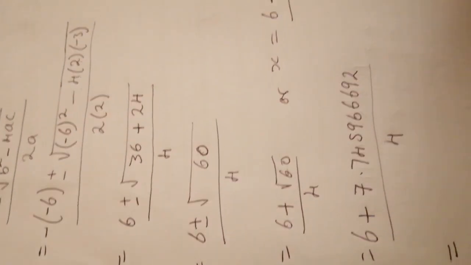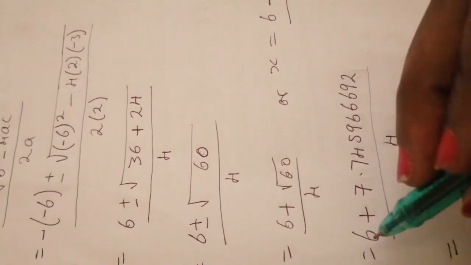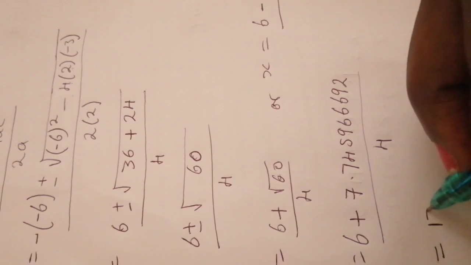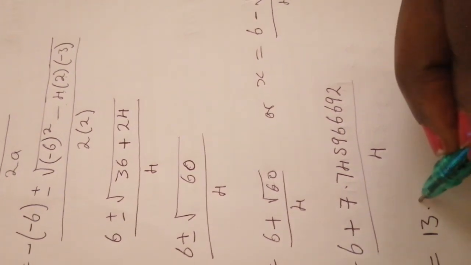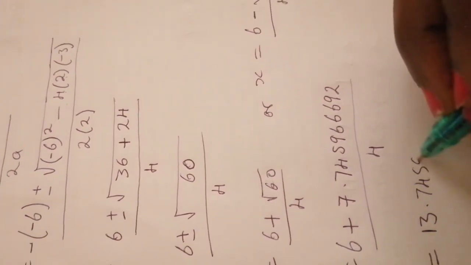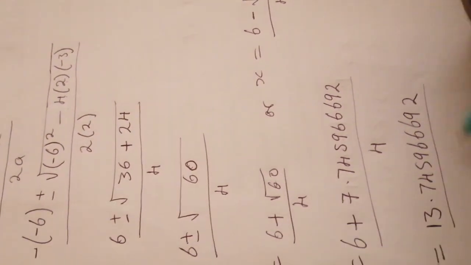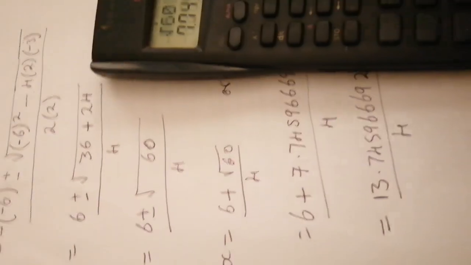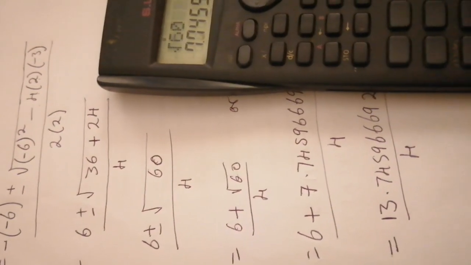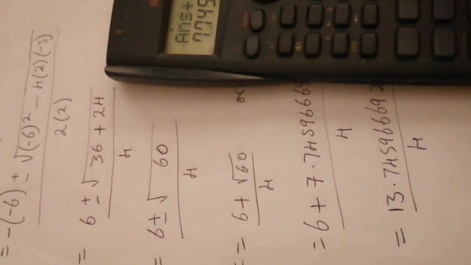We're going to have 13.7459666692 divided by 4.